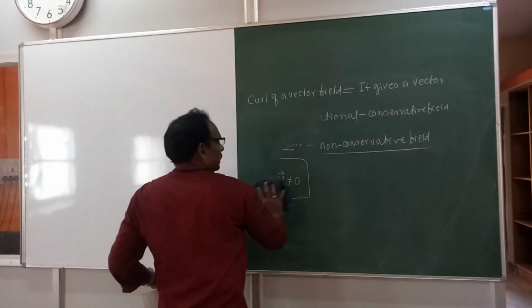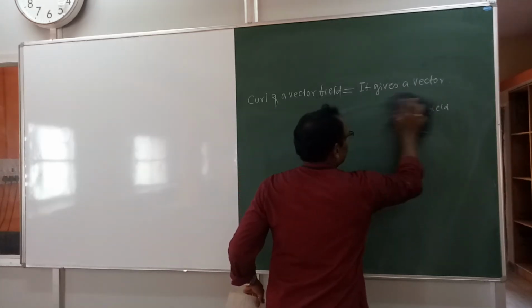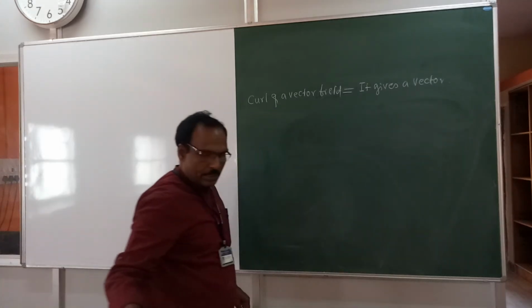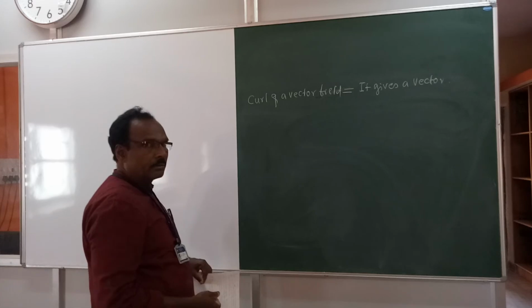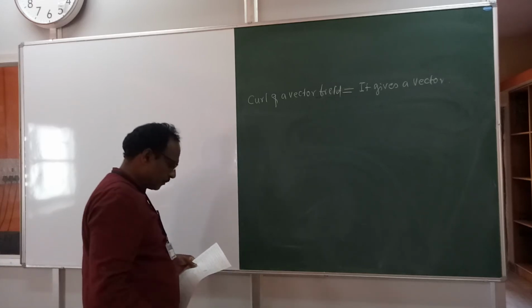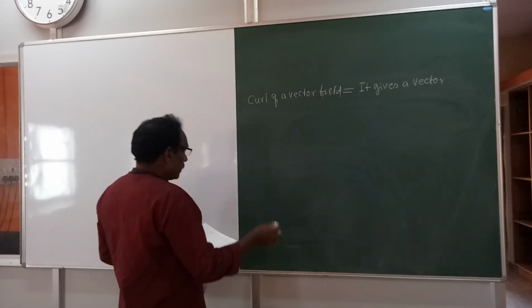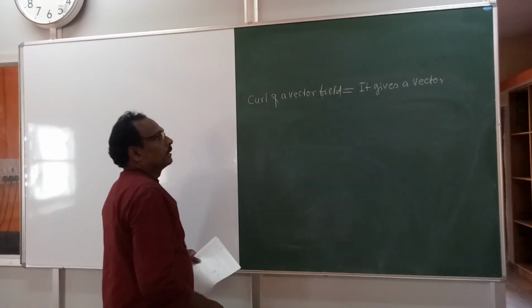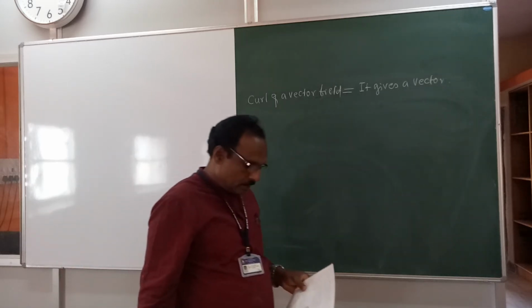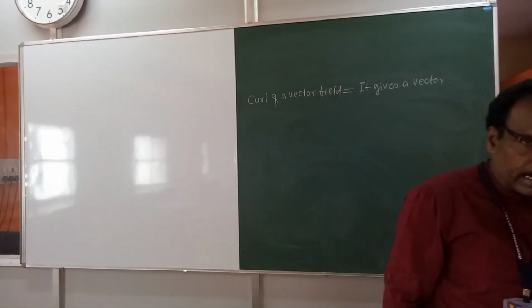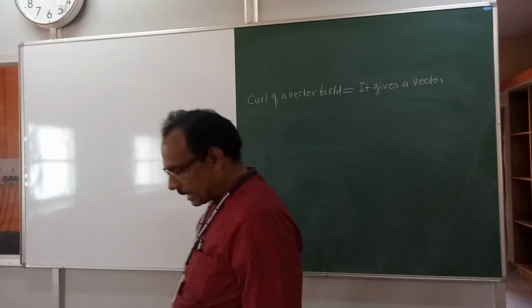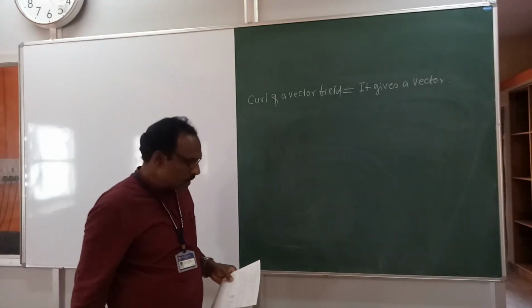So curl of a vector is defined in terms of line integral, and therefore I have discussed those. The curl of a vector in a vector field at any given point is defined as a vector quantity.